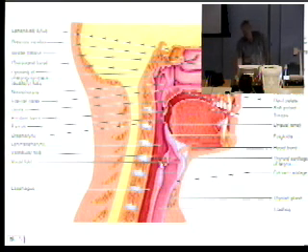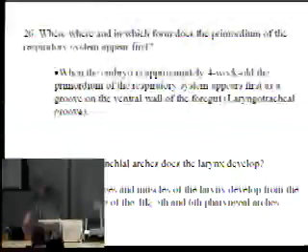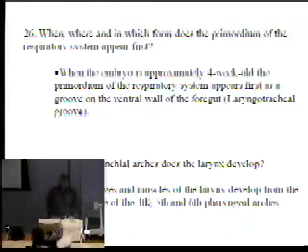So now we have to follow the remainder of the development to continue to produce the very complex musculocartilaginous larynx and keep in view the esophagus developing posterior to it. So when, where, and in which form does the primordium of the respiratory system first appear?